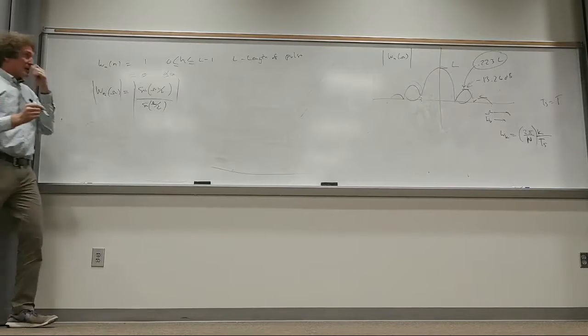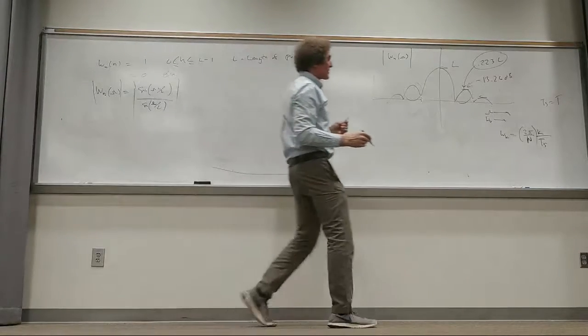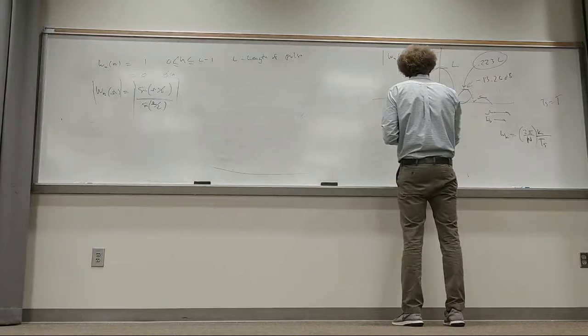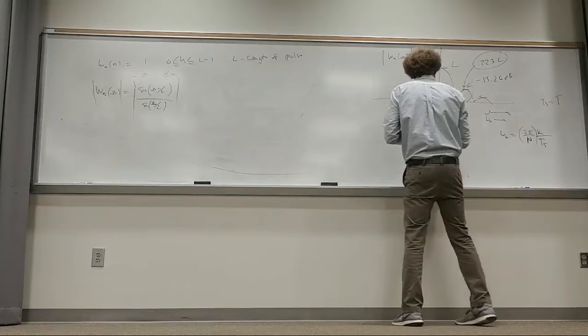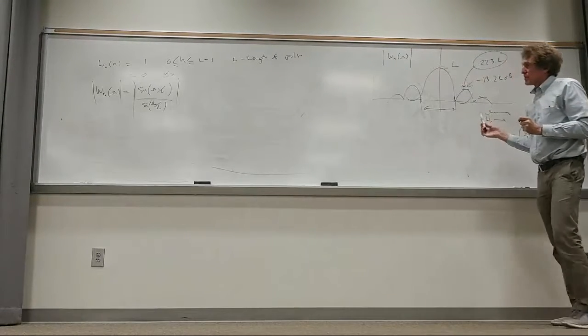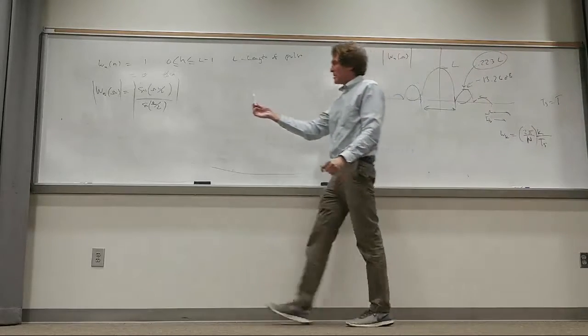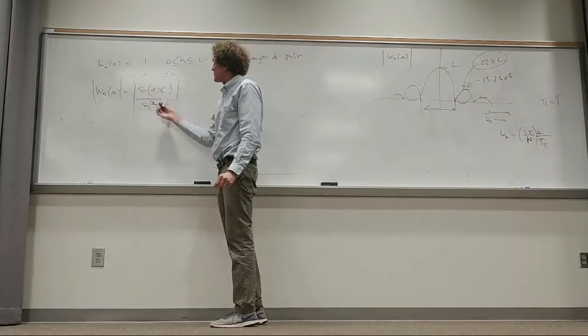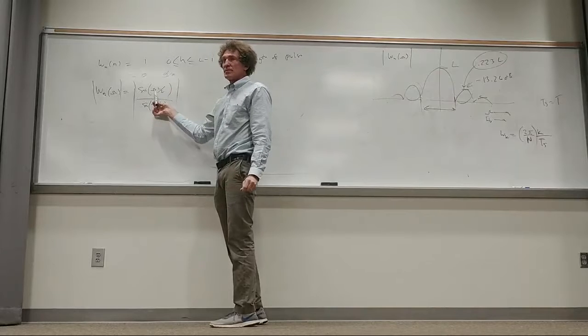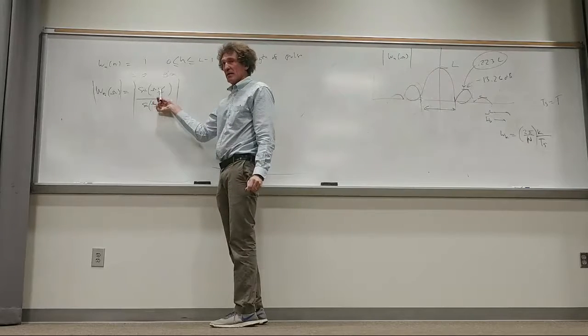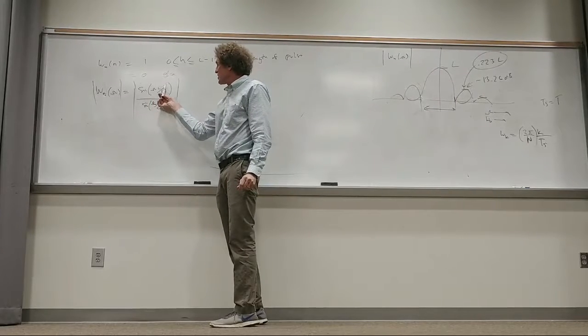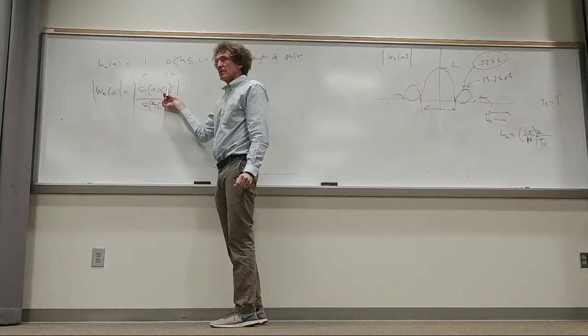Then what we talked about is the null-to-null width. This is the next thing I need to talk about. Well, that width we got last time, if you remember. I know this top part is changing much faster than this bottom part in terms of omega, because it's multiplied by L, right? And I said this argument equals what, to find the first null? Pi, he's right, pi.